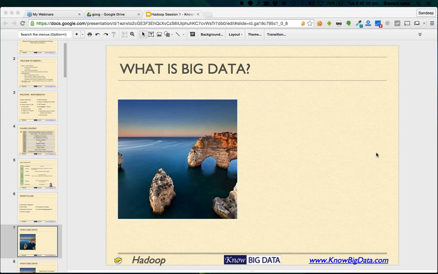Darshan says it's a large amount of data, structured, unstructured, semi-structured, which cannot be processed with traditional tools. Okay, that's Darshan's answer. Good. Nilesh is saying big data means huge data. Sridhar says it's a collection of huge data. Sudhindra says large volume of structured data.